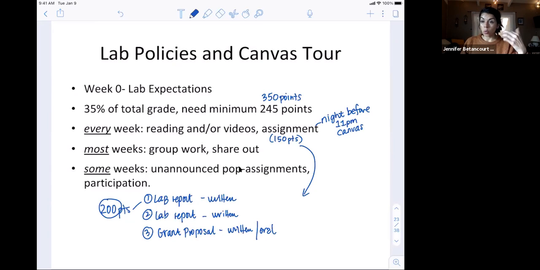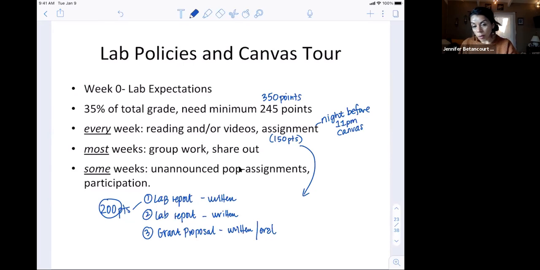Me teaching it to you was writing it for you to read and recording it for you, or finding valuable sources that break things down for you. And then in your group work, you come and you automatically start talking with your group mates about this, and then you share out to the class. So we do a lot of that. Lab is very much run like discussion, except discussion is for lecture topics, lab is for lab topics.